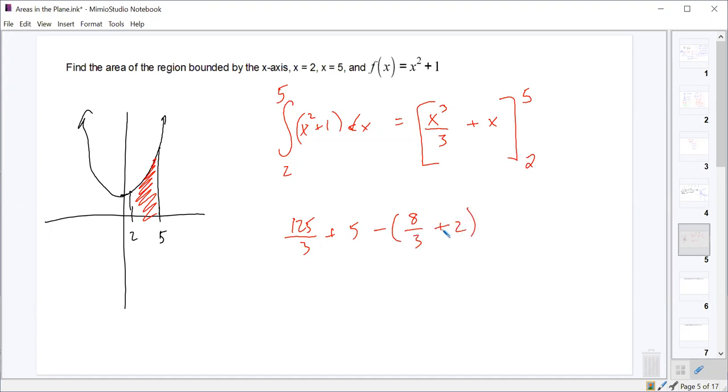And what does that give us? 117 over 3 plus 3, which is 126 thirds, which is 42. And since we're talking about area, we'll want to say 42 units squared. Easy enough?